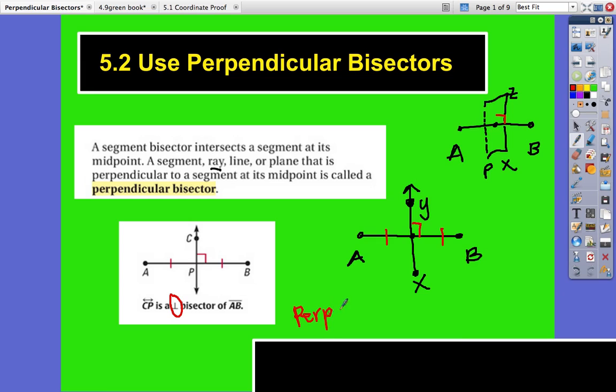The perpendicular symbol is like this. So line CP is a perpendicular bisector of AB. It split AB into two congruent parts and it's at a 90-degree angle. Great.